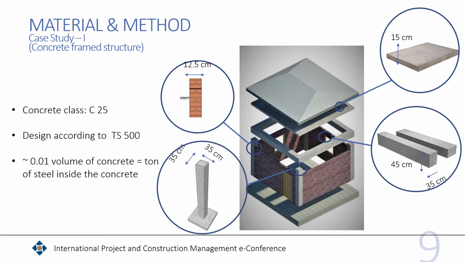For fulfilling the minimum requirements in the standard, beams with a height of 45 cm and width of 35 cm are designed for transferring the load to the footing. 4 columns with a side of 35 cm are designed. C25 type of concrete is used for all the sections, and the amount of steel for reinforcing the concrete is roughly assumed to be about 1 ton.